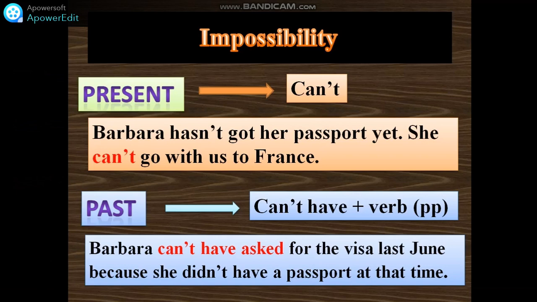Barbara can't have asked for the visa last June because she didn't have a passport at that time. So it's impossible because at that time in the past she did not have a passport. So she can't have asked for the visa. It's impossible in the past. Great. Let's move on, please.